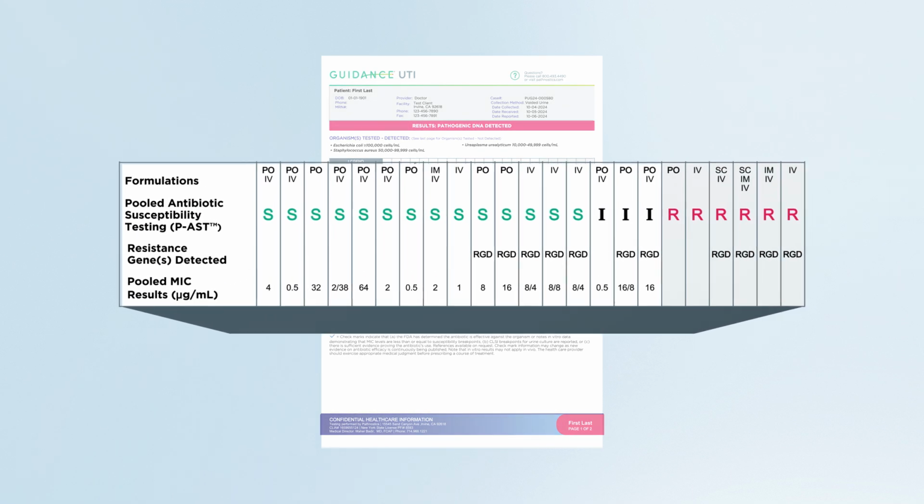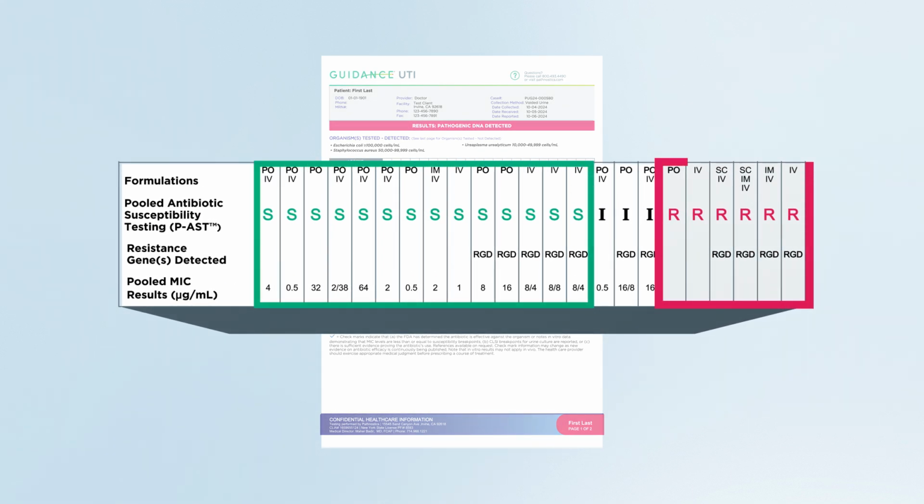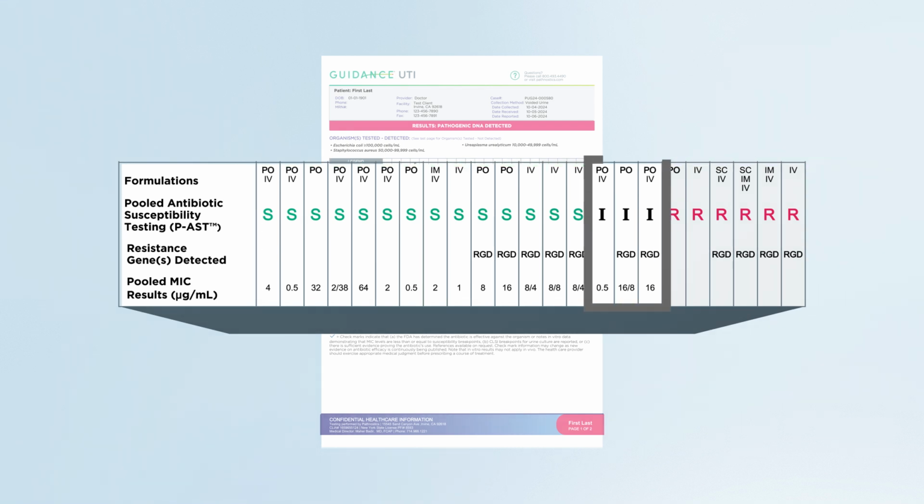In addition to the S-susceptible and R-resistant PAST result, the Guidance report includes another susceptibility result category, I-intermediate. In rare cases where multi-drug resistant organisms are present, the I result can provide relevant treatment options.